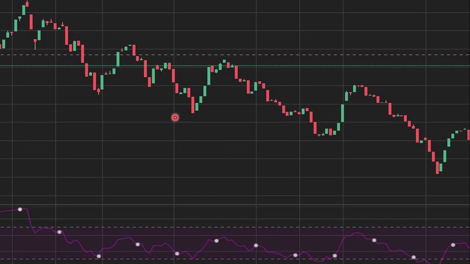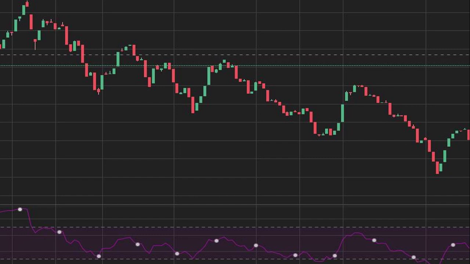So in a downward movement, if the indicator line becomes higher than the 50 line, we say the price is in the overbought zone.